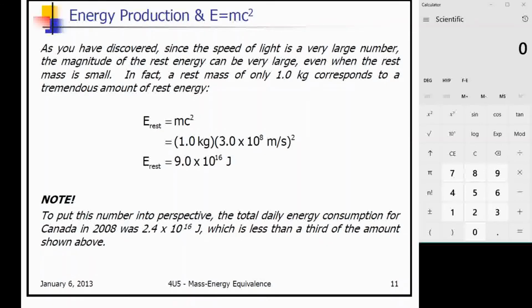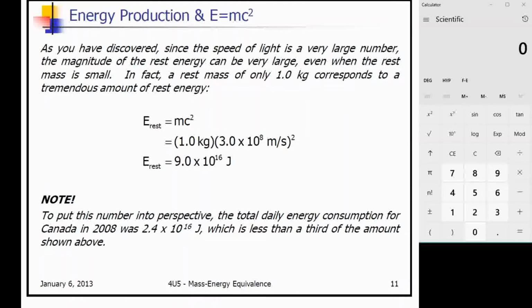As you discovered, since the speed of light is a very large number, the magnitude of the rest energy can be very large, even when the rest mass is small. In fact, a rest mass of only 1 kilogram corresponds to a tremendous amount of rest energy. Here we're seeing what 1 kilogram is in terms of energy, and it is 9 times 10 to the power of 16 joules.